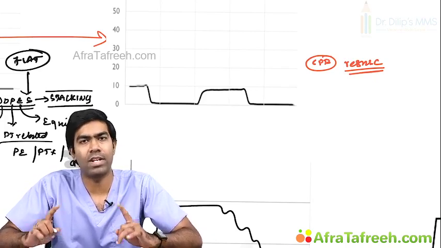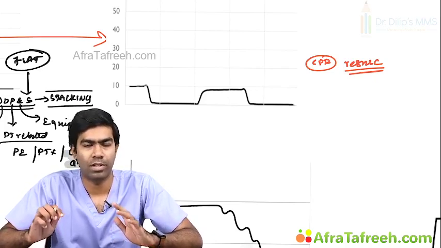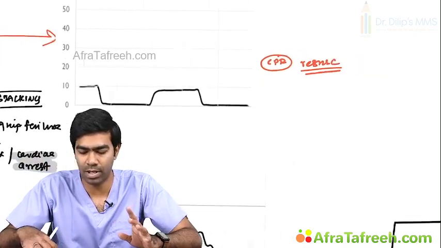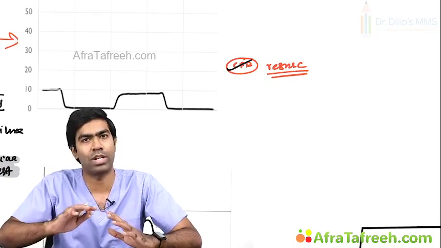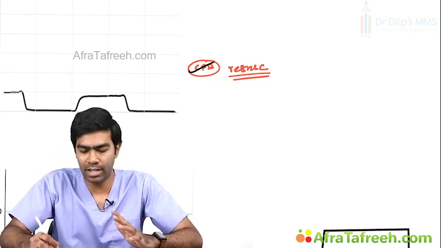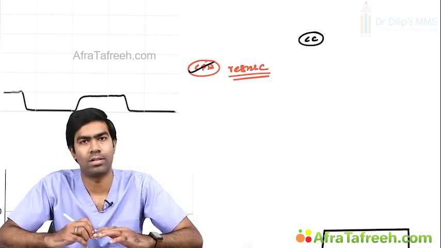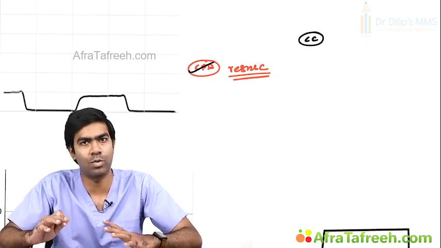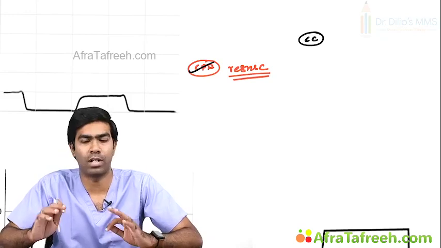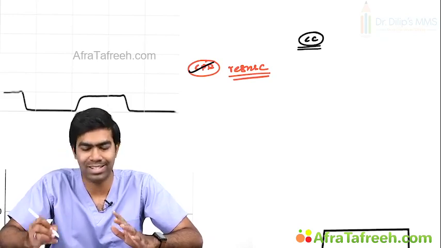EtCO2 is a very, very important marker of adequate resuscitation. In CPR, the value of EtCO2 has been huge nowadays, because it clearly tells the most important part of a CPR. We are discussing CPR in detail in the cardiac section, but the most important component of CPR is the chest compressions.